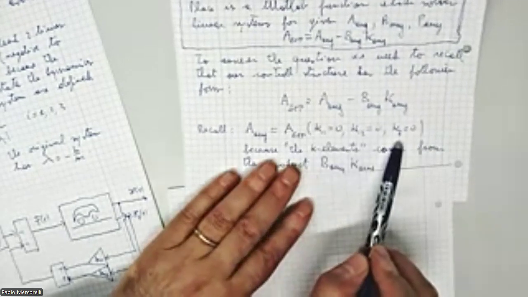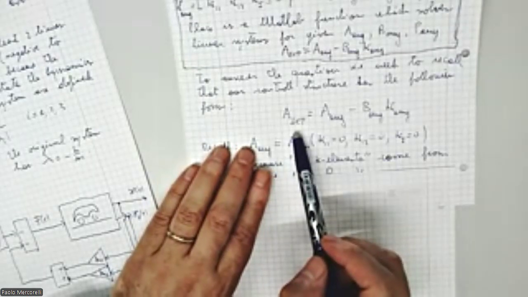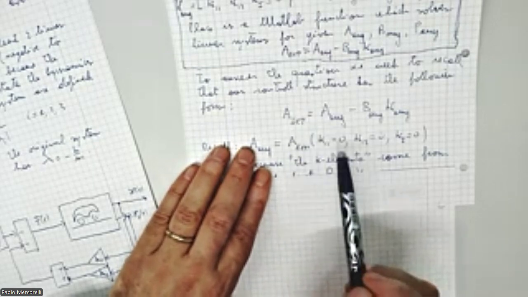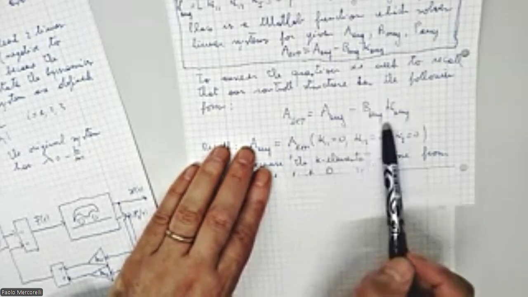Why that? Because this element here, these three elements, in accordance with this expression, will be the contribution of K11, K12, Ki, which will come from this.